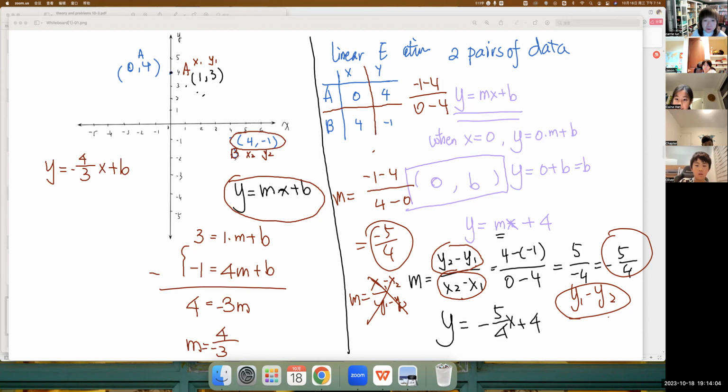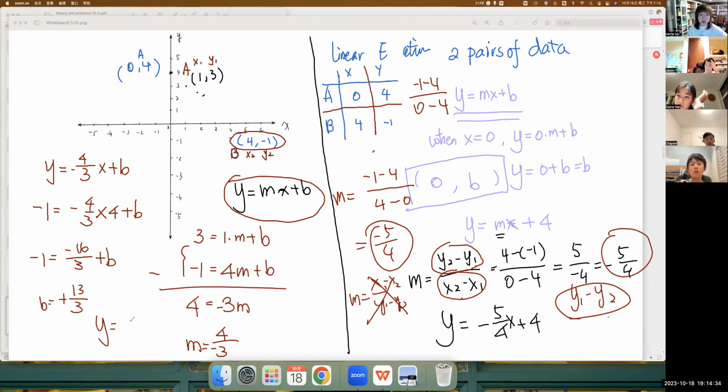If you like (4, -1), you put it in. So -1 = -4/3 times 4 + b, so -1 = -16/3 + b. So b equals positive 13/3. So the equation becomes y = -4/3 x + 13/3.